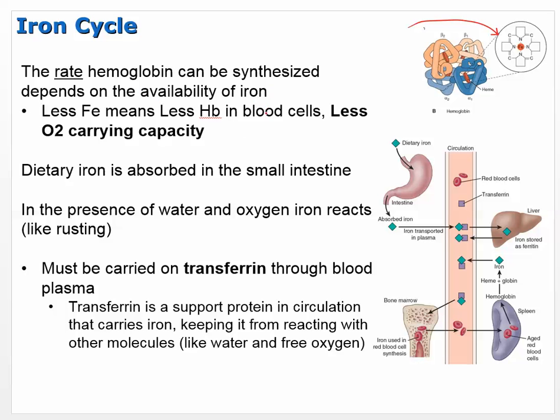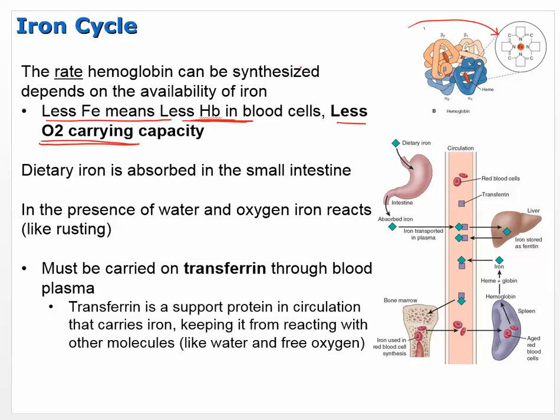That's kind of the rate limiter: where's the iron? So everything gets put together and then it's just sort of waiting for the iron. Which means that if we don't have enough iron, we're going to make less hemoglobin, which means we're going to have less oxygen carrying capacity because those things are all connected.